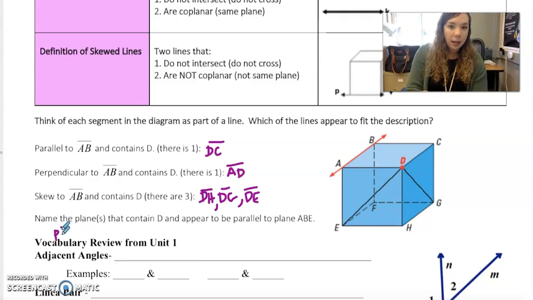So we only have to have three letters, so we'll say plane DHG. And then there are other planes that contain D, but they would not be parallel. So like ABCD here is a plane that contains D, but it's not parallel to ABE. So I believe that's the only one.